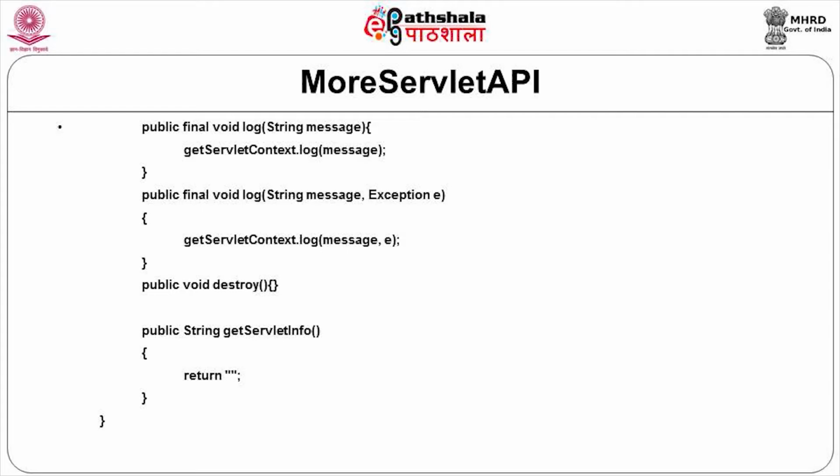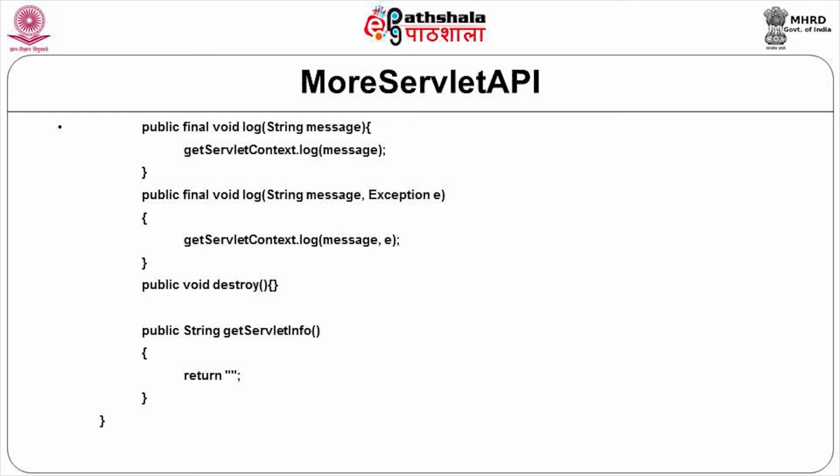Going further with our methods. Because we are implementing the Servlet interface, another method we would be overriding is getServletInfo. Here is our implementation. This again we leave open for overriding. It's simply returning a string, where people might return a copyright message.